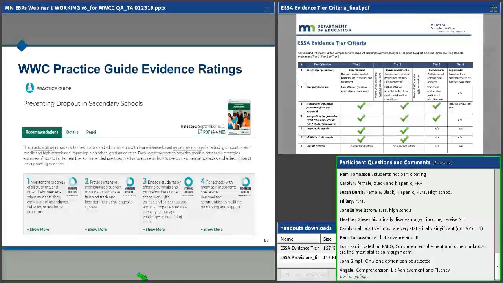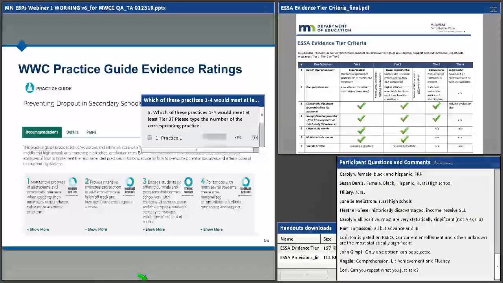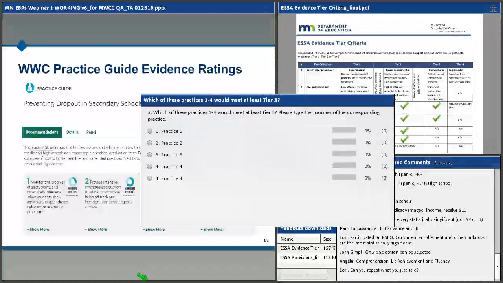But we see obviously that the evidence ratings are noted pretty obviously here. And based on what I just told you, I want to pose one more poll question to you here, which is which of these practices would qualify for meeting Tier 3?